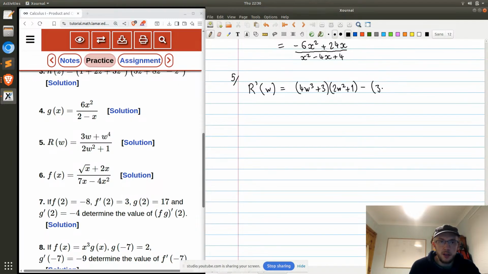So we leave the top alone and differentiate the bottom. And then square the bottom.